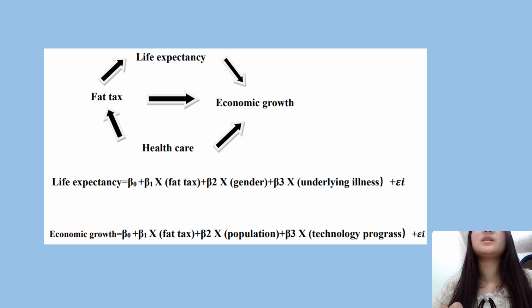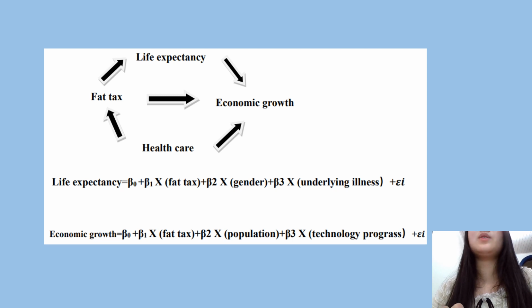We obtained the data from the Office for National Statistics website and formulated the hypothesis H0: beta 1 equals 0, for example, fat tax and economic growth are not significantly correlated. Again, the significance level was set at 0.05, and the data were entered into Stata and run. Observe the result of the t-test after the run and the value of the p-value.